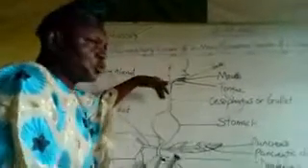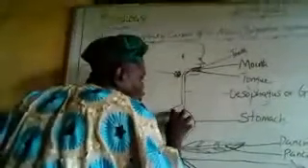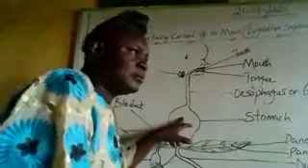When a man takes in food, the food will be properly chewed and it will roll into bolus with the aid of the tongue. It passes through the esophagus or gullet, down to where we have a stomach.